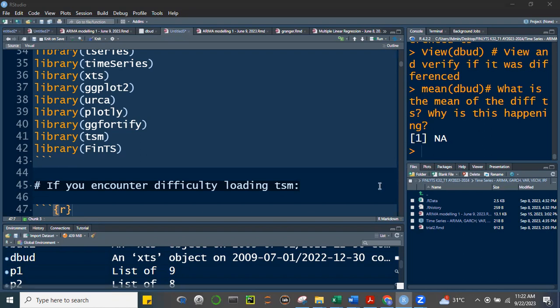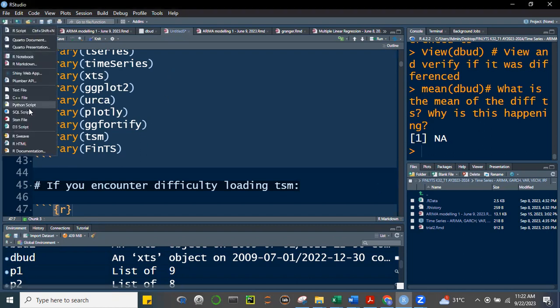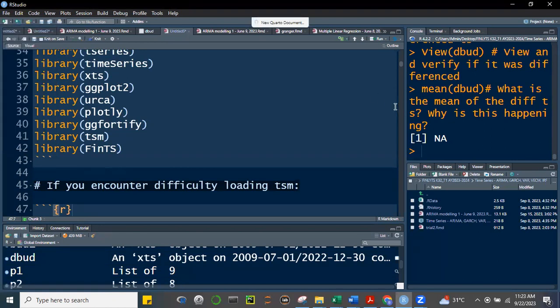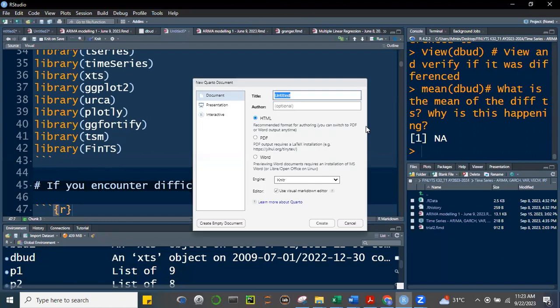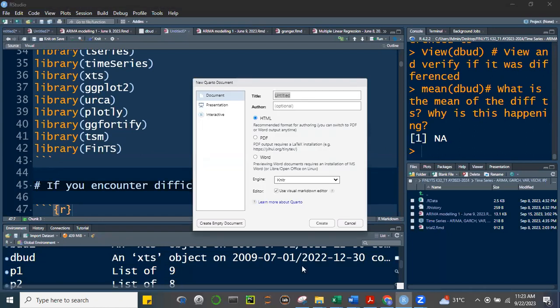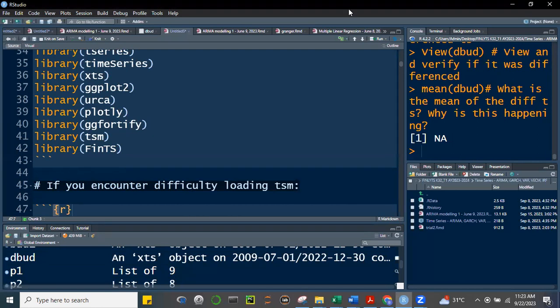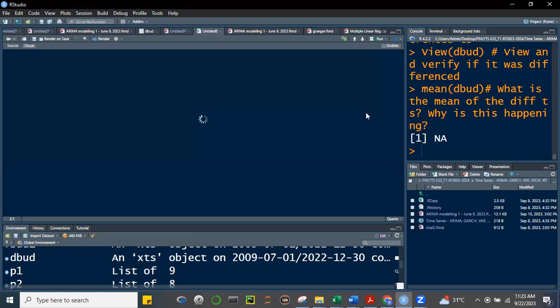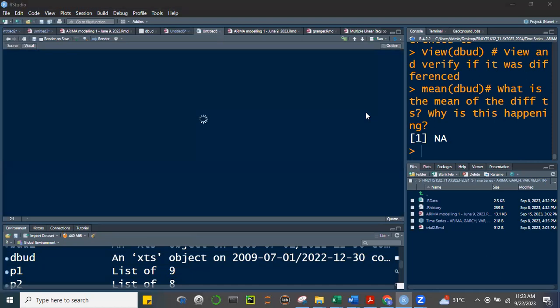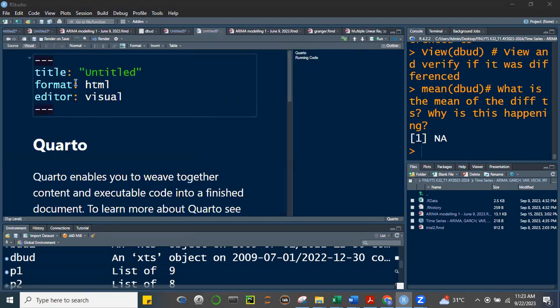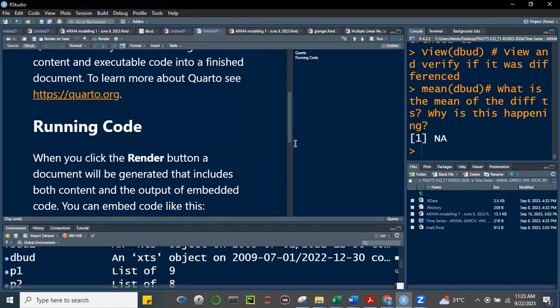Because in Quarto, it will be very easy. For example, let me just highlight this one. For example, a Quarto document. If I open a Quarto document, in fact, nobody's preventing you from using a Quarto document. You'll see that the formatting of Quarto is different from RMD.